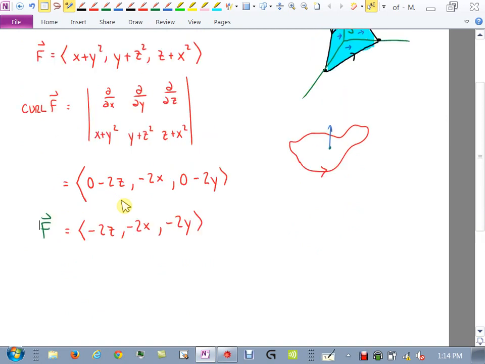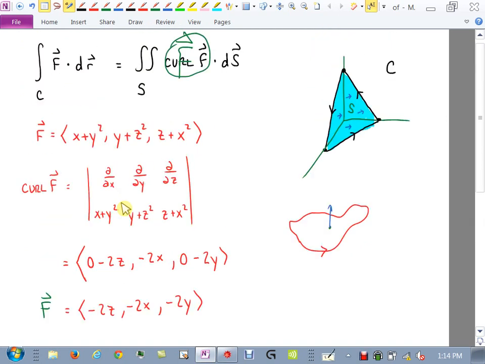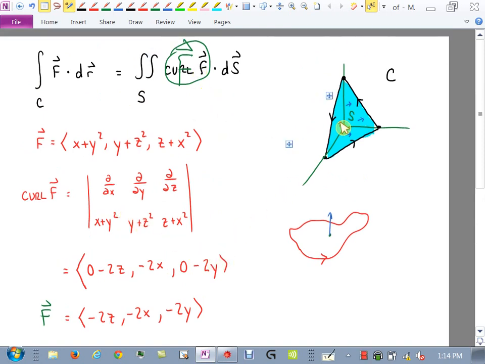Now, how do we do surface integrals on vector fields from last class? Well, we had a formula for it. It's the surface integral over vector fields, flux, and we have a way of doing it.